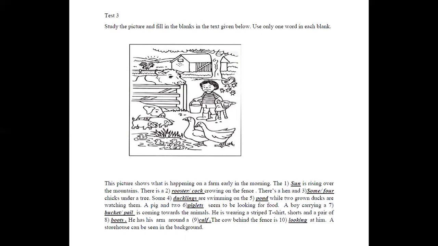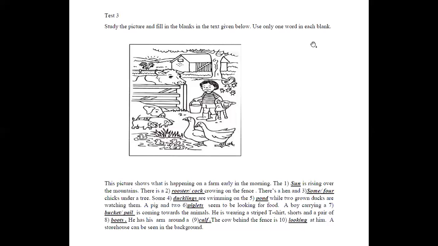So you can use the word ducklings. Where they are swimming on the pond? Yes, definitely you can see there is a small pond. So you can use the word pond for that blank. So some ducklings are swimming on the pond while two grown ducks are watching them.